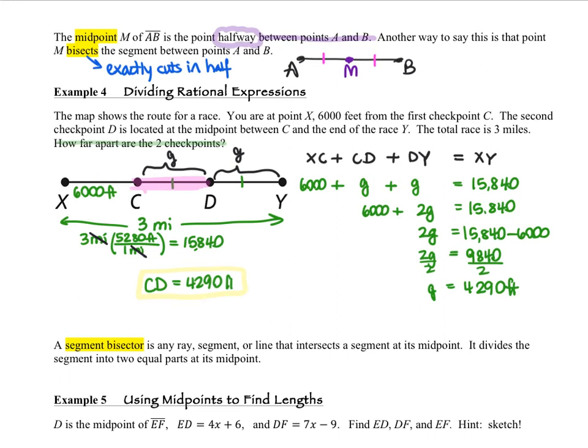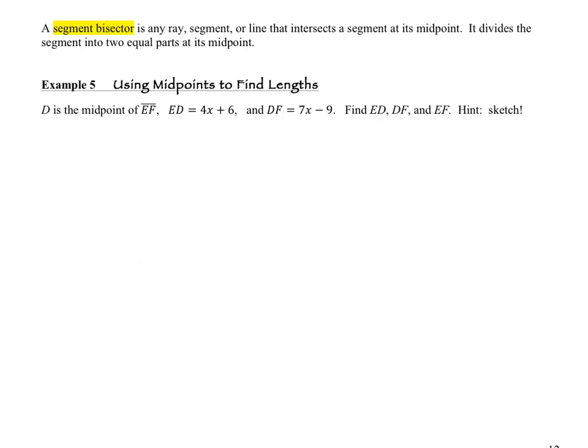Now, let's talk about a segment bisector. A segment bisector is any ray, segment, or line that intersects a segment at its midpoint. It divides a segment into two equal parts at its midpoint. Here's an example. Let's say that we have segment AB, and we have a line that we'll call line L that intersects segment AB at its midpoint.